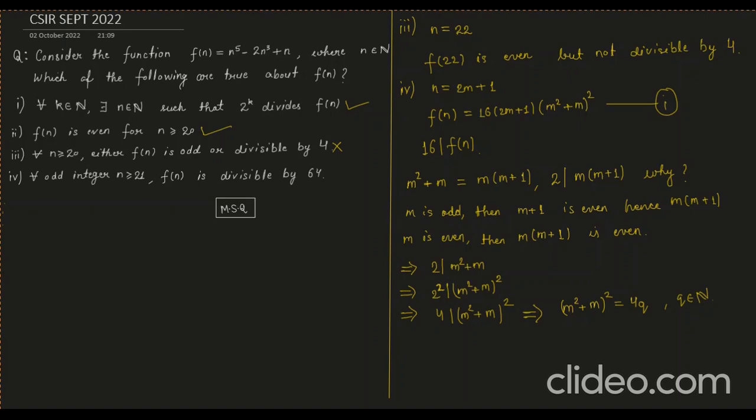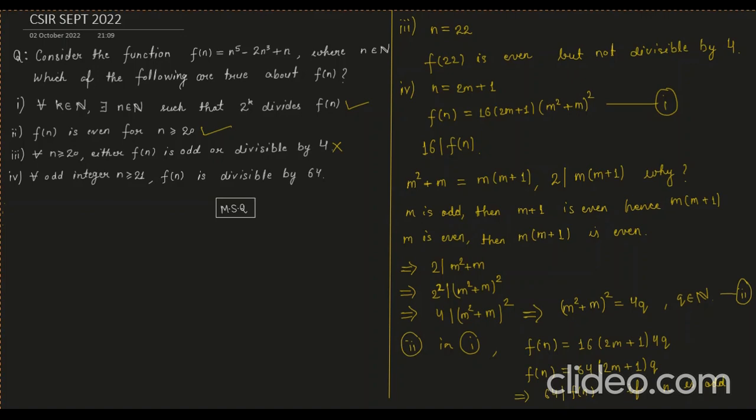So substituting this in equation 1, putting the second in the first, what we got? fn equals 16 times (2m plus 1) times 4q, and this implies 64 divides fn if n is odd and n is greater than or equal to 21, it is always true.